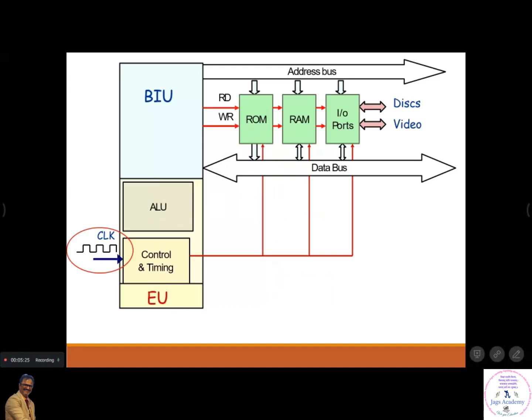And what is this? This is a basic microcomputer system, and what you see here is a microprocessor.